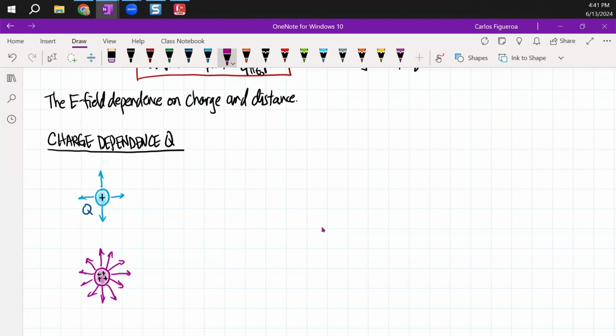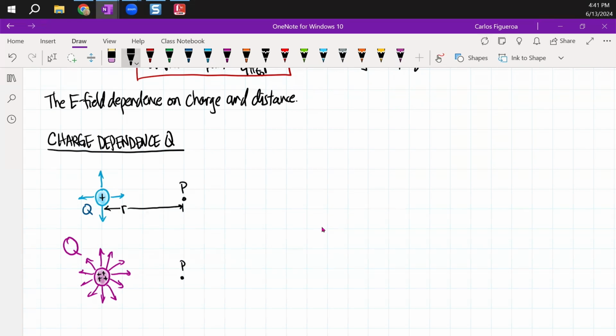And what we're seeing here is that in this situation, we clearly have a much bigger charge. So now what I'm going to do here is pick a point P, where I only focus on the charge. Then the distance from here to there is r.